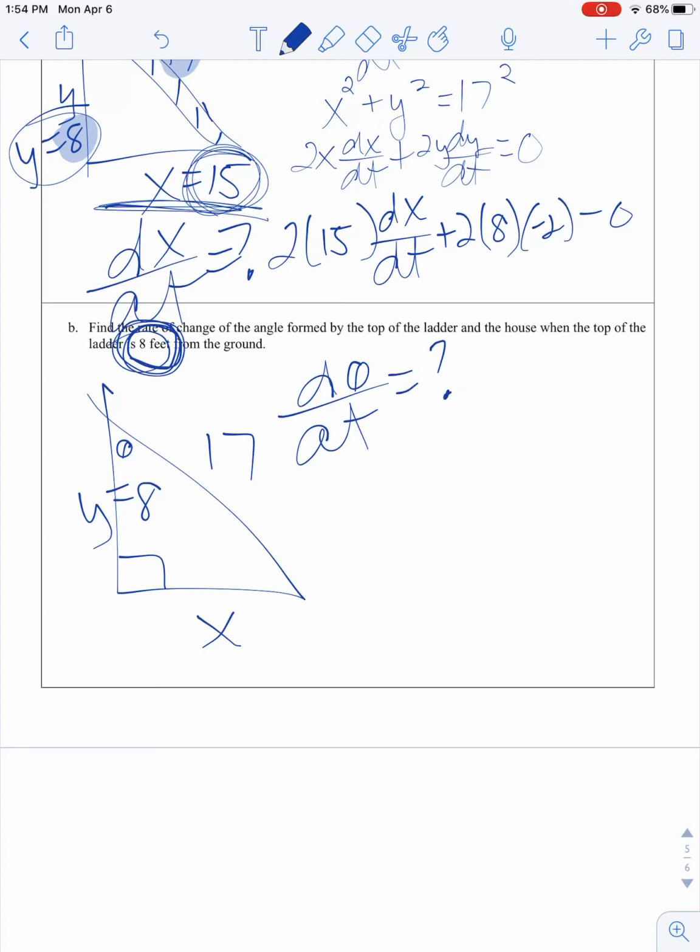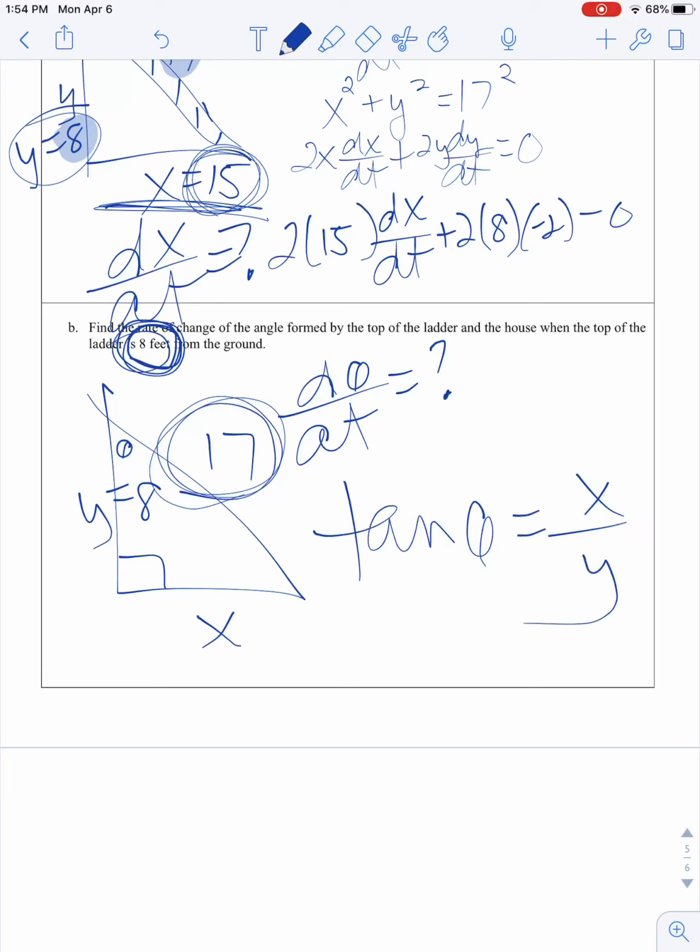Again, I could use any trig function here, but I want to use a trig function that involves the 17. So this time I do not want to use tangent because the tangent would be x over y. I don't want to mess around with taking the quotient rule and doing all of that. So I would use either cosine, that's probably, or yeah, cosine or sine, it doesn't matter.